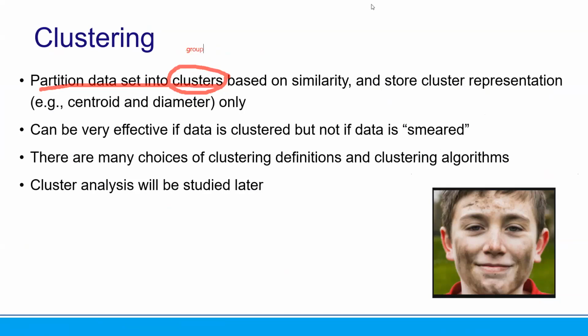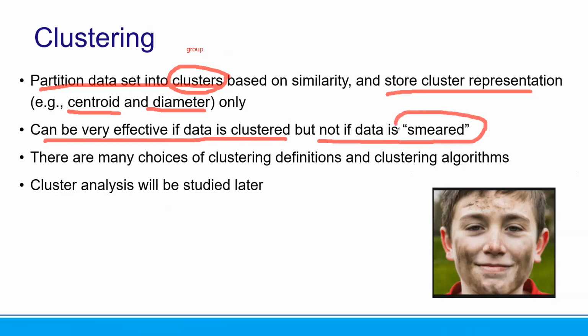And we can store the cluster representation, maybe the centroid or diameter, to represent this group. It can be very effective if the data is clustered, but not if the data is smeared. By smeared, we mean dirty.